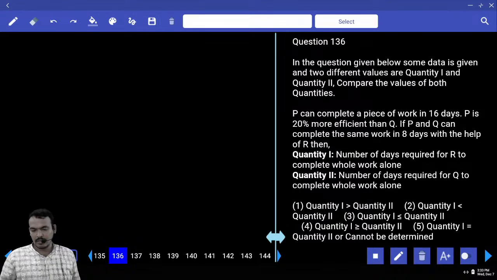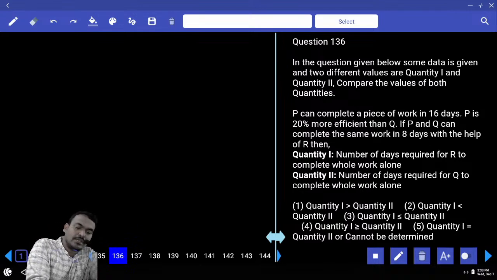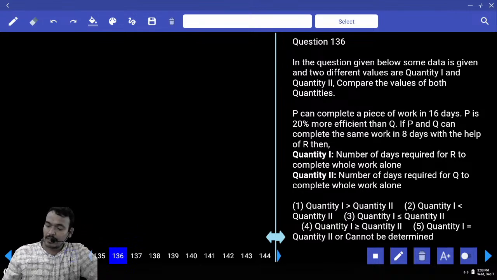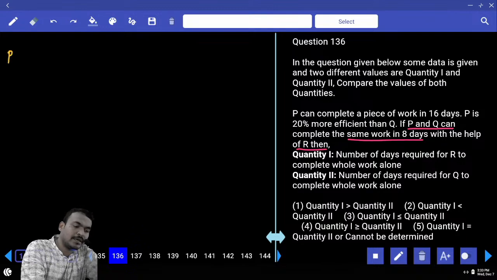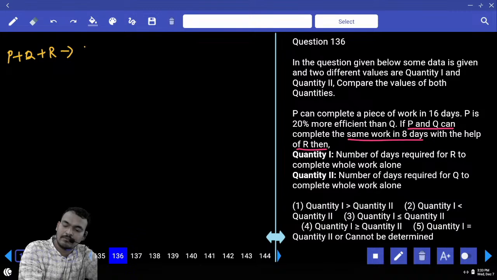R. Means P plus Q plus R together can complete the work in 8 days. But only P alone can complete the work in 16 days.